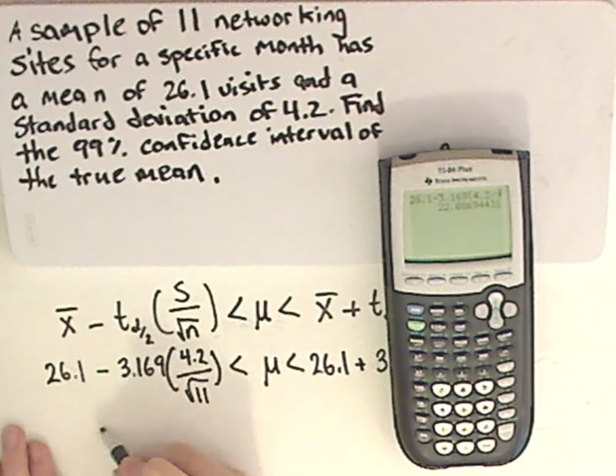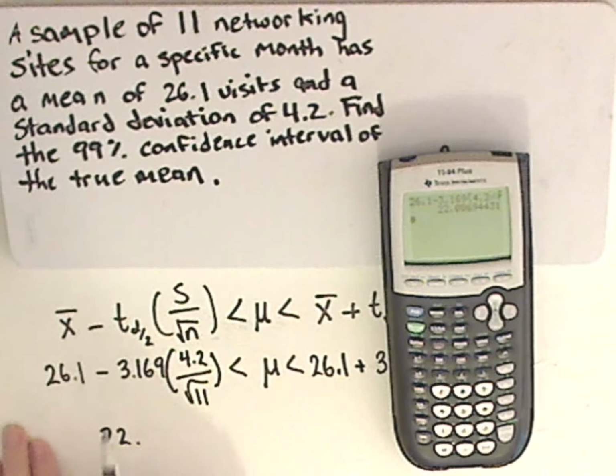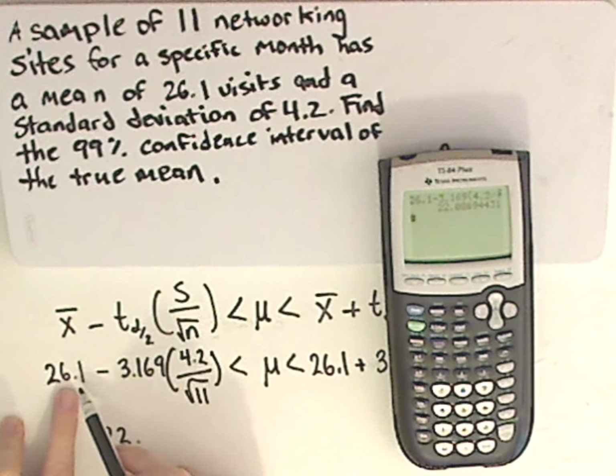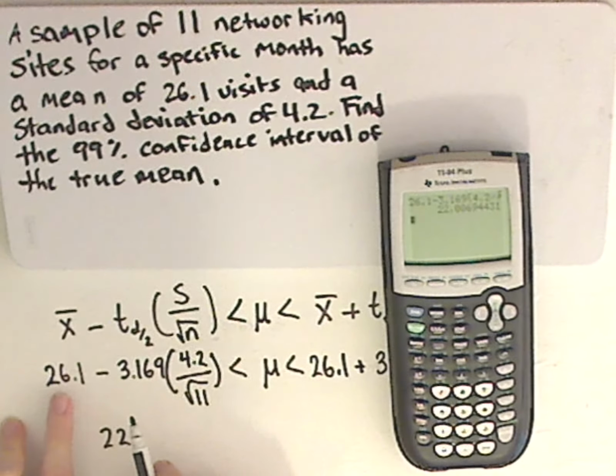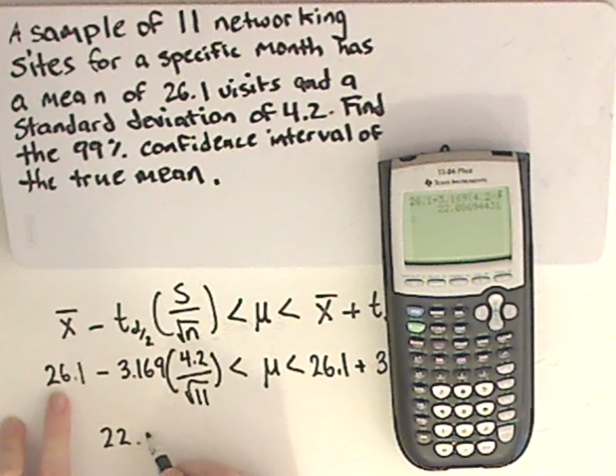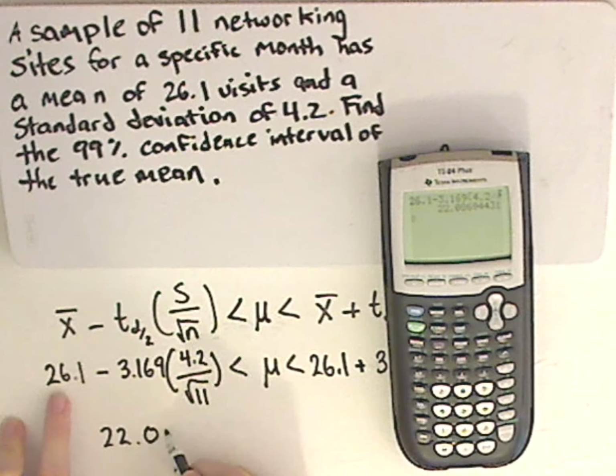I get 22 point something. Now, since the mean that they give you is 1 decimal place, go to 1 decimal place over. So that would be 22.09.